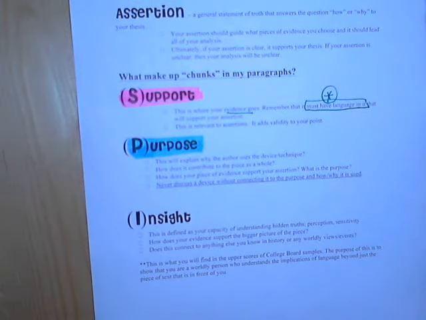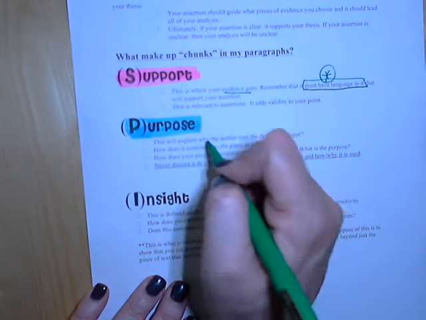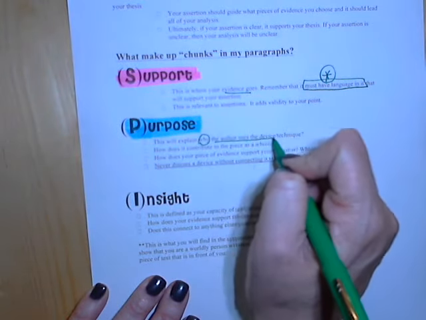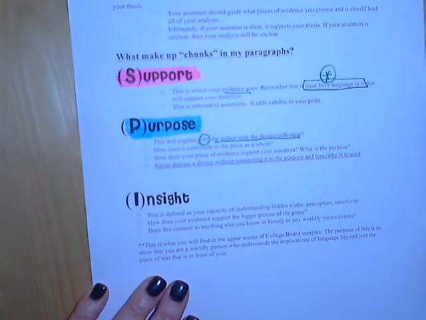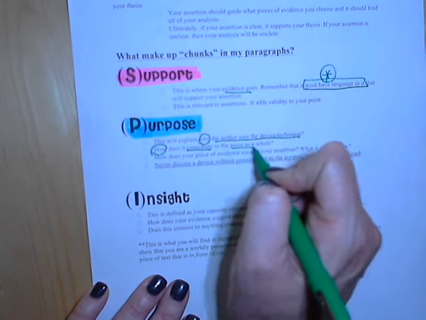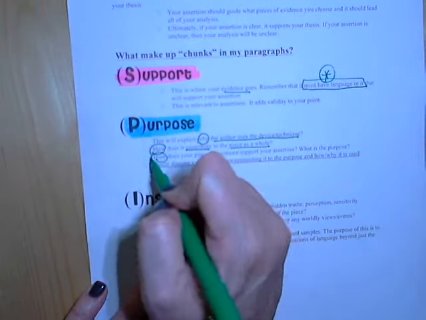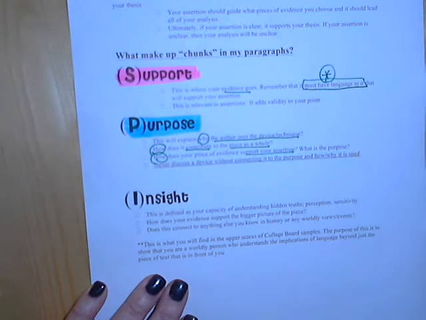Now, notice the questions that come with the purpose. It will explain why the author uses the device or technique. It answers the question, how does it contribute to the piece as a whole? It says, how does your piece of evidence support your assertion?